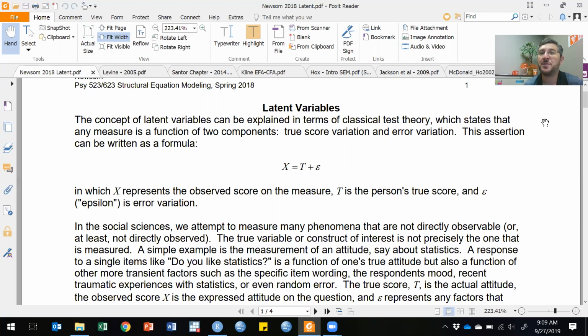Probably a good place to start is this Newsom article, where he talks about the concept of a latent variable. What is a latent variable? He explains it in a way we've been talking about: any observed score is really made up of the true score plus some random error.